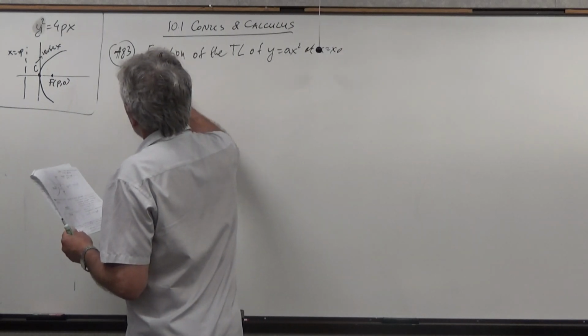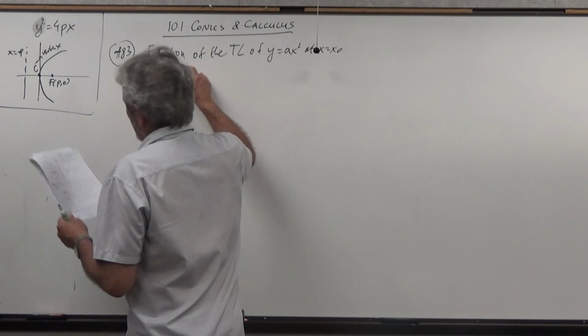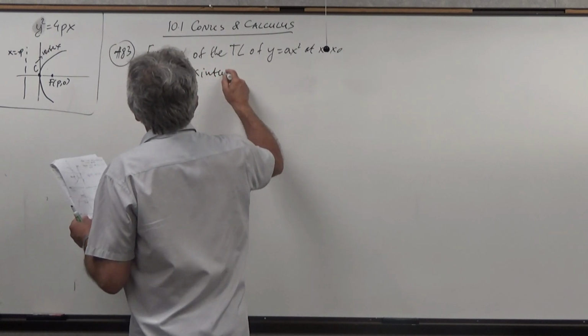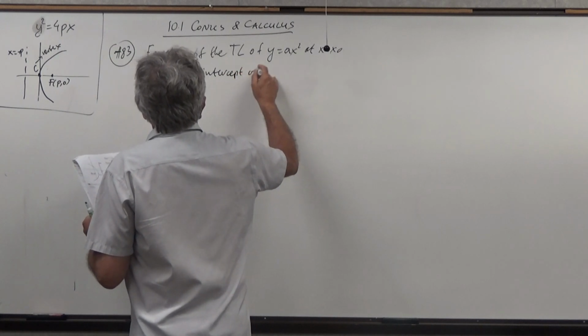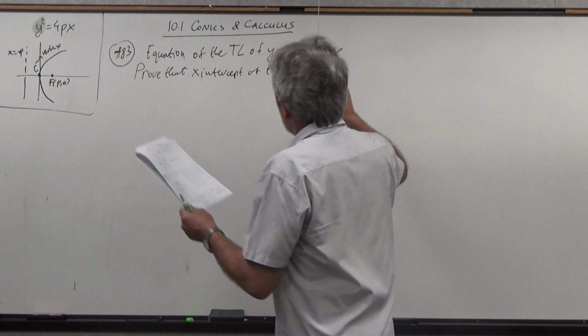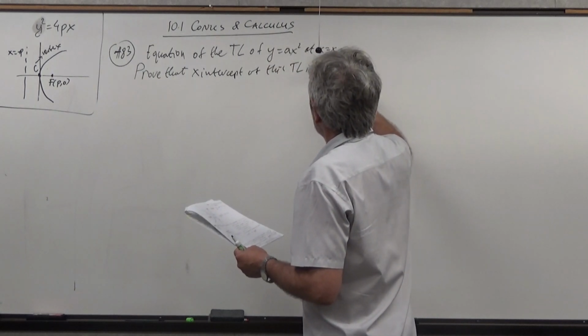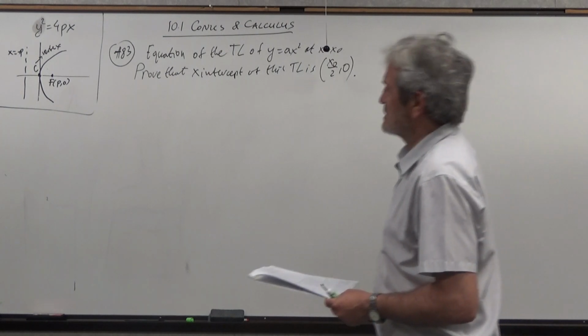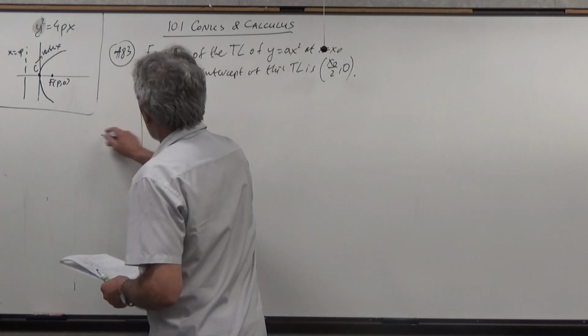Prove that the x-intercept on this tangent line is (x0 over 2, 0). So what are they really asking us to do?